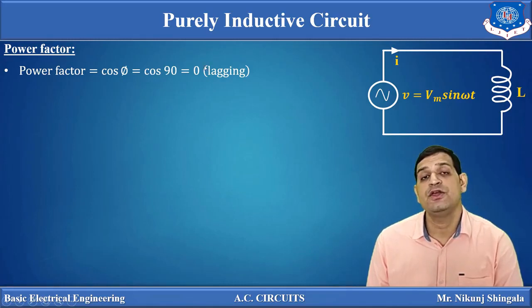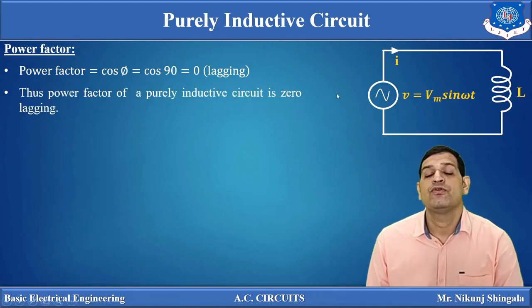So power factor is 0. That is the minimum power factor which we are getting in the case of purely inductive circuit. In bracket we have to write lagging because this is an inductive circuit. In inductive circuit, always remember current lags behind the voltage. In this case, current is lagging behind voltage by pi by 2. So the power factor of purely inductive circuit is 0 lagging.